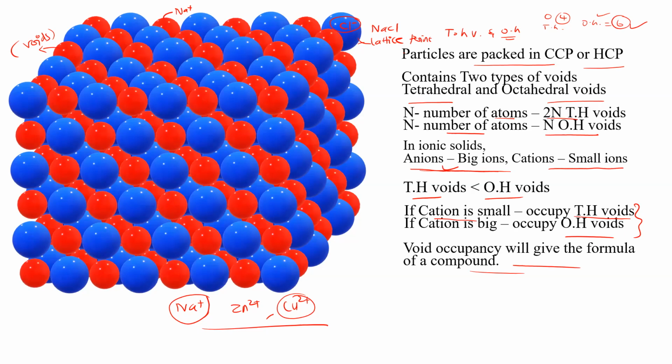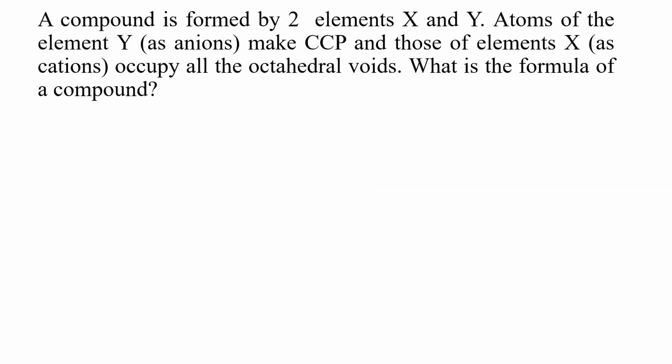The compound is formed by two elements, X and Y. Atoms of Y, that is the anion, make CCP, which means they are occupying... where are they going to occupy, whether the lattice sites or voids?